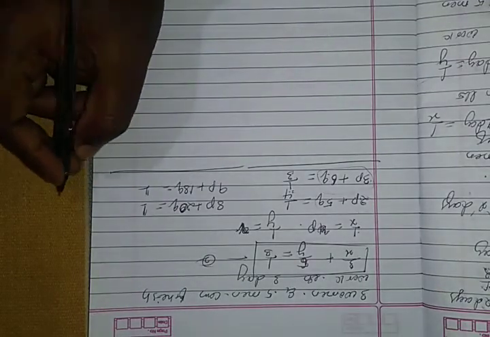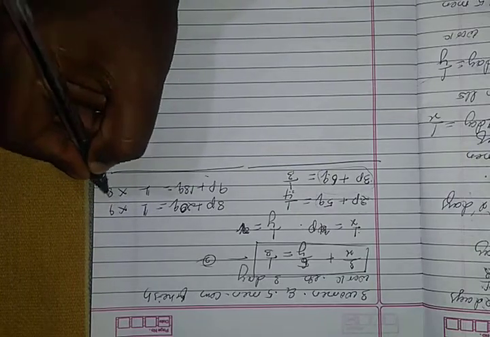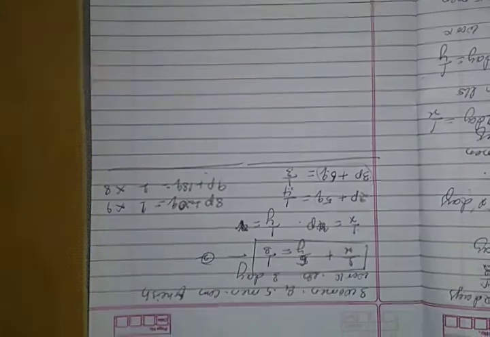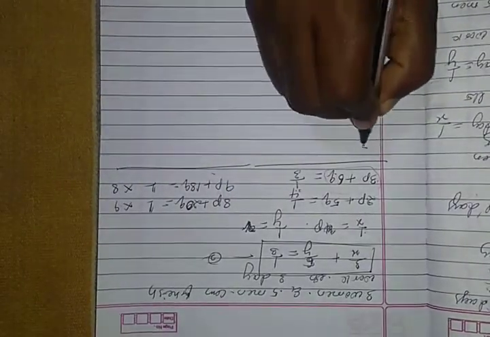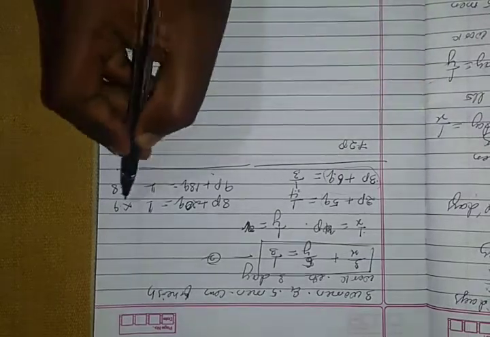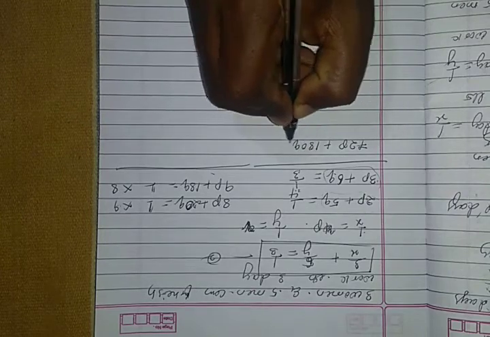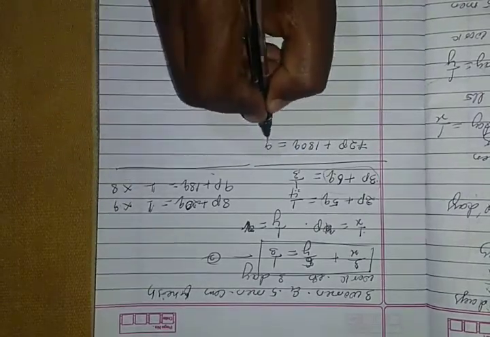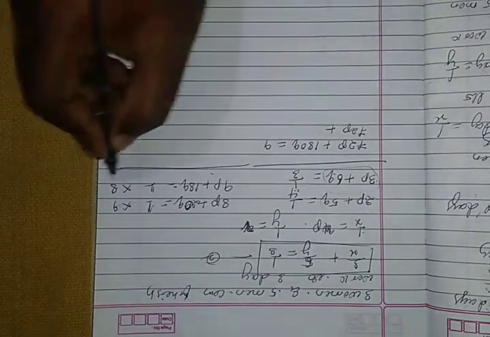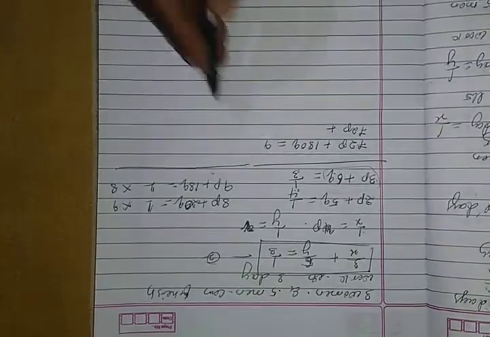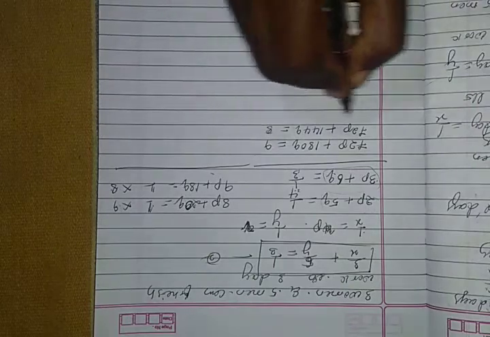Let us balance the coefficient of p by multiplying by 9 and 8. 9 eights are 72p plus 9 into 20, that is 180q, is equal to 9 into 1 is 9, and 8 nines are 72p plus 18 into 8, that is 144q, is equal to 8 ones are 8.